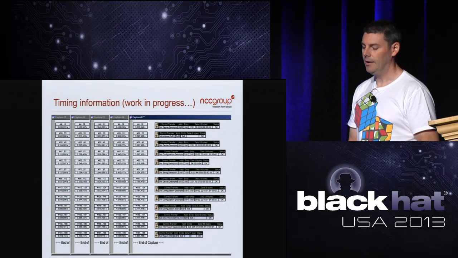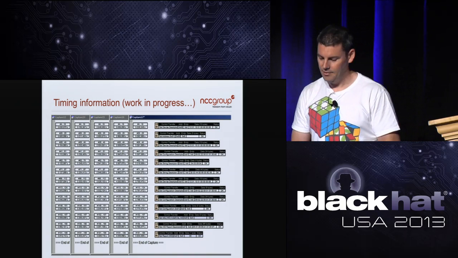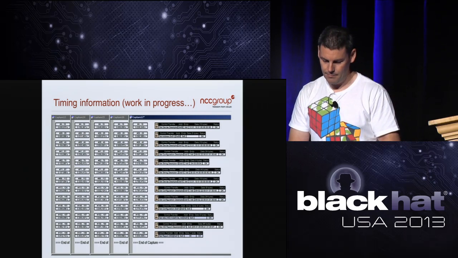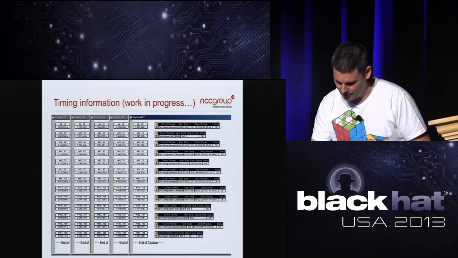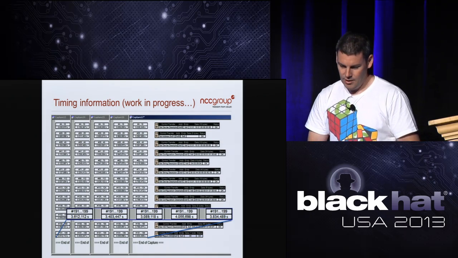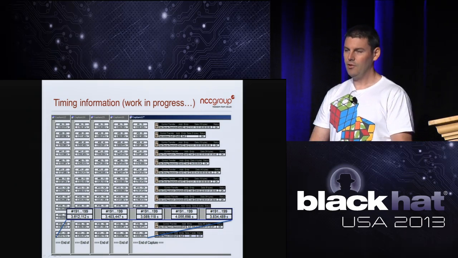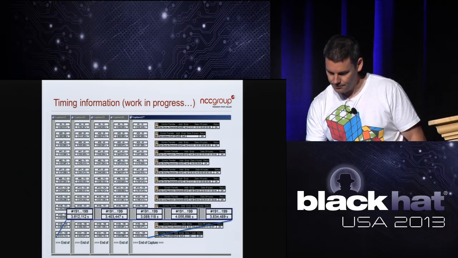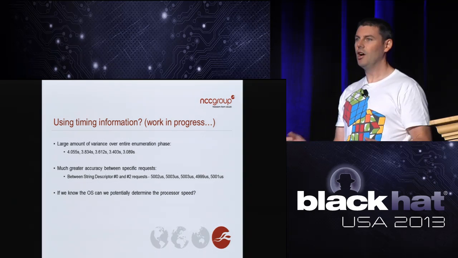Now I mentioned timing and the fact that you can time interactions on the USB stack down to the microsecond using that Packet Master test equipment. This is something, again, that I'm still working on. A lot of this is still work in progress. You can see I've done 5 different captures of the enumeration phase associated with a specific device. There's a huge amount of variance over the entire enumeration phase.